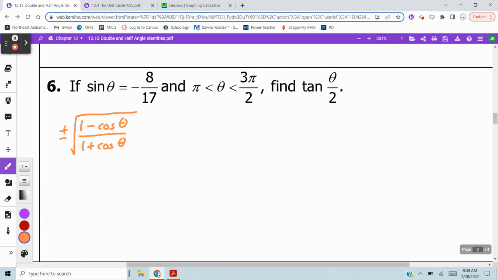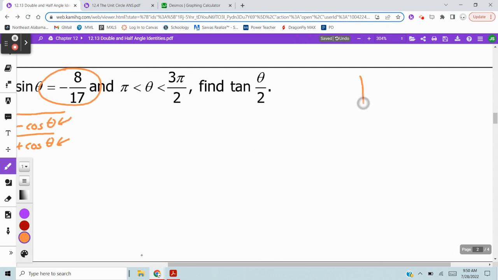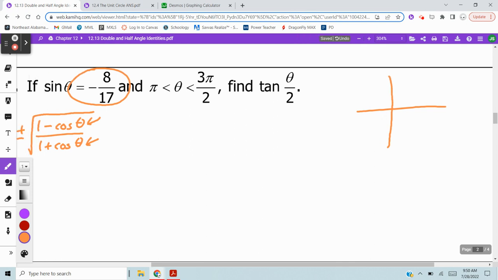In order to plug into this formula, we're going to need cosine values. They give us sine values. So in order to find cosine given sine, let's sketch out a little drawing. My theta is what I'm looking for the cosine of. We're given the sine of theta.